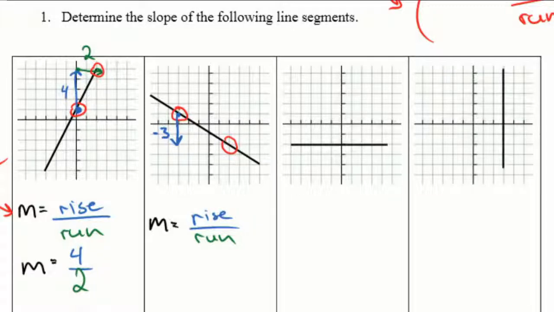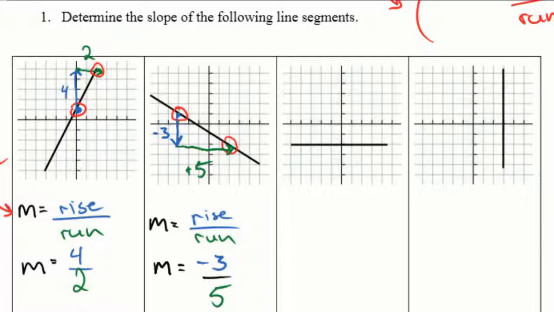And then my run is going from this point to this point. And that looks like a value of 5 because it's going to the right, it's positive 5. All right, so my slope is equal to my rise, in this case negative 3 because I went down 3, and then my run is going to be positive 5. Now I can't reduce that any further, so I can just leave it like that.